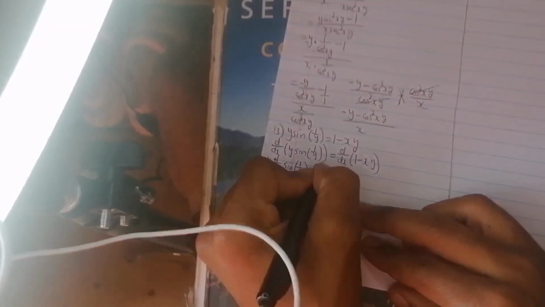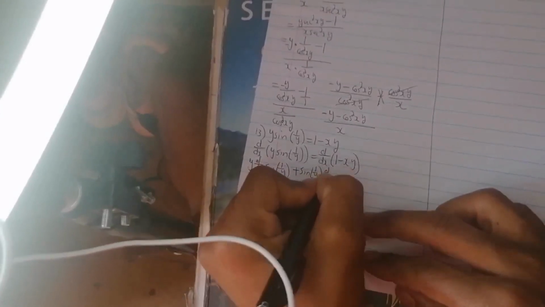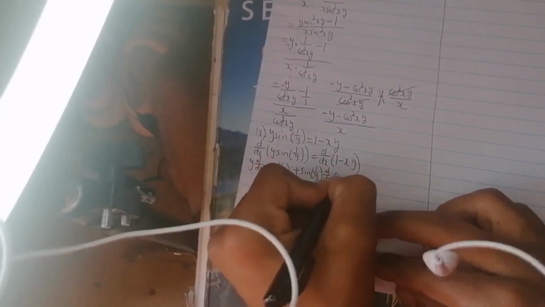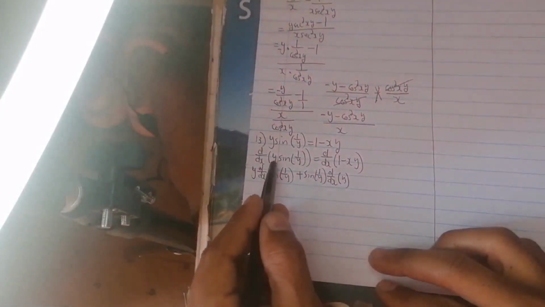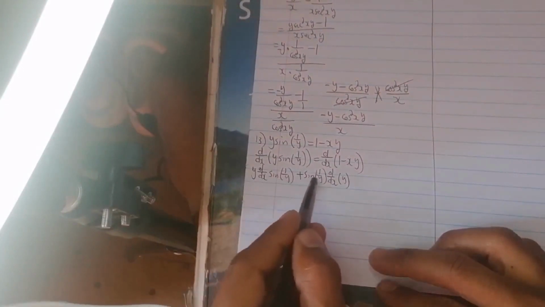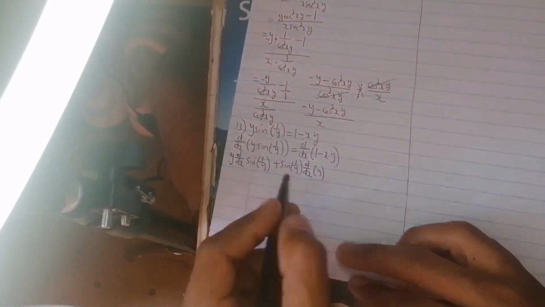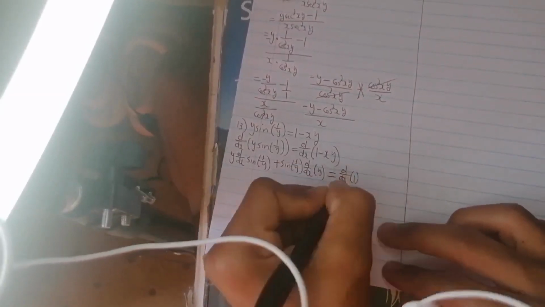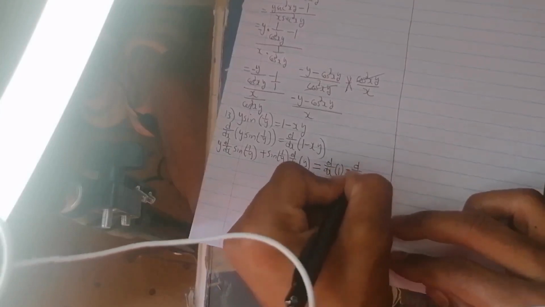Plus I'm going to hold on sine 1 over y and I'm going to differentiate y. This is the chain rule and the product rule. I hold on y, I differentiate this, plus I hold on this and I differentiate that. So d over dx of 1 minus d over dx of xy, the product rule.